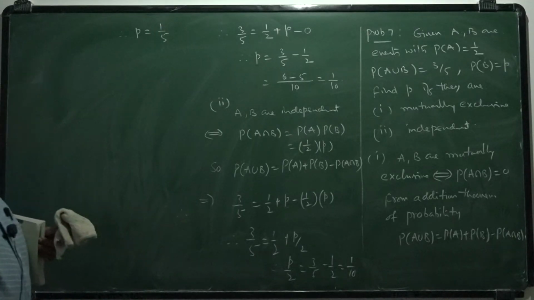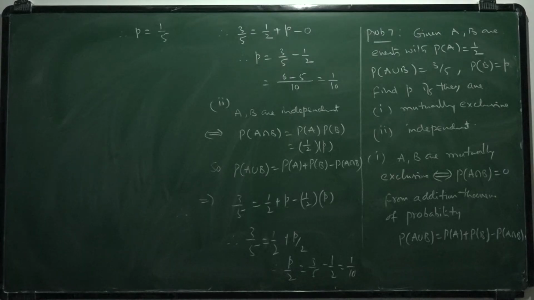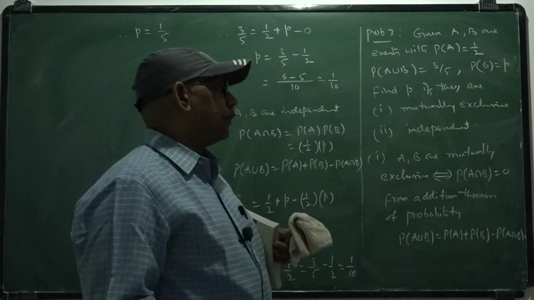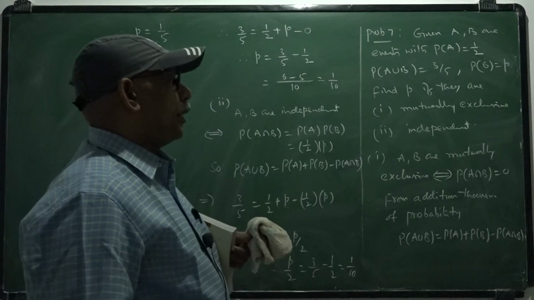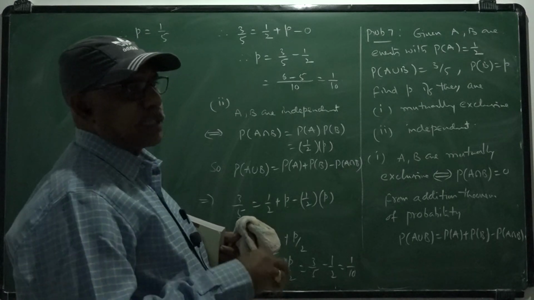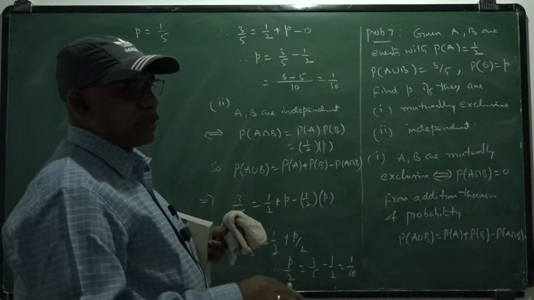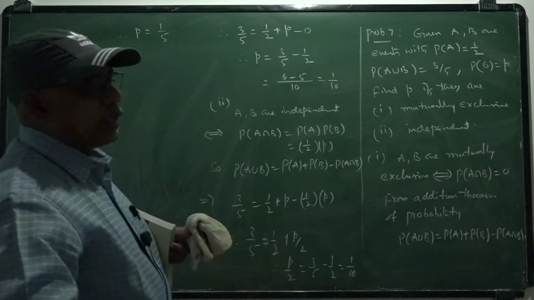Mutual exclusiveness of events does not mean that they are independent. Mutually exclusive is a property of disjoint subsets of a sample space, so A and B belong to the same sample space.